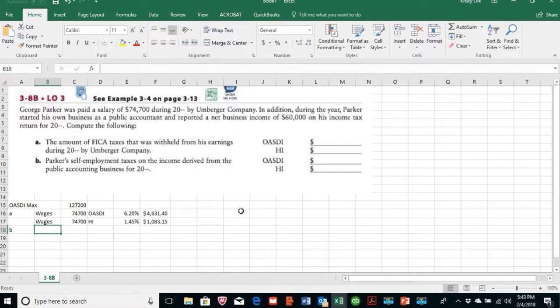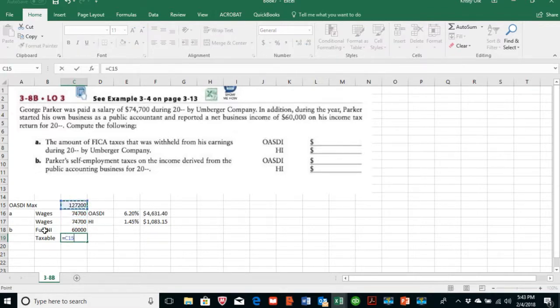So we start with his full net income of $60,000. And then we are going to determine what's taxable. This is at the OASDI level because it has the threshold. So we take the threshold and we remove from it the amount of wages received. And that tells us that of his $60,000, $52,500 of it will have OASDI attributable to it.